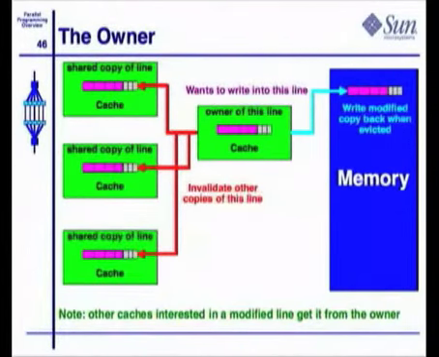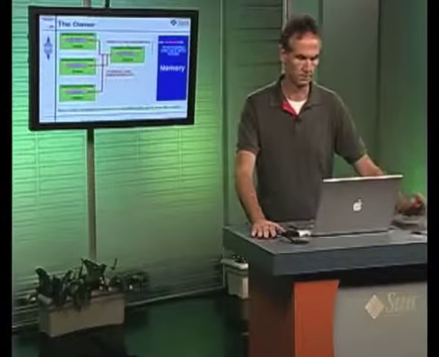The owner takes responsibility. It will return the cache line to me, but maybe it has to check other caches first because it has given out copies of this line. And that will take longer, compared to the situation where the owner is the only one that has a copy of the line and can immediately return it to me. So this creates a non-uniform architecture. The cost of getting to my data depends on where the cache line is and what the status of that line is.